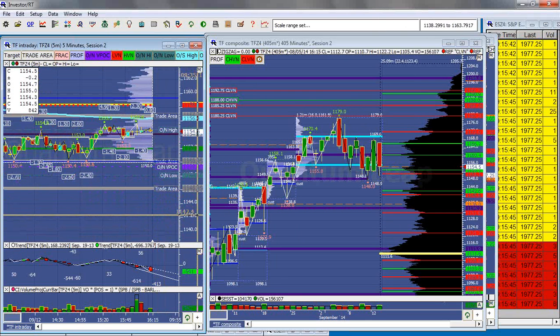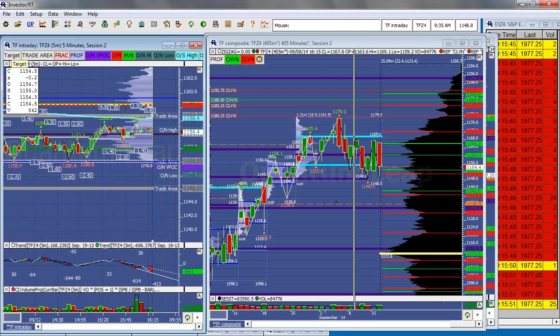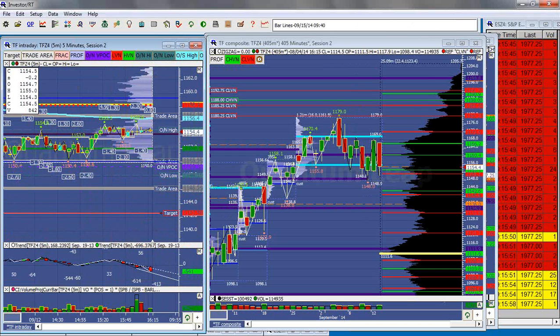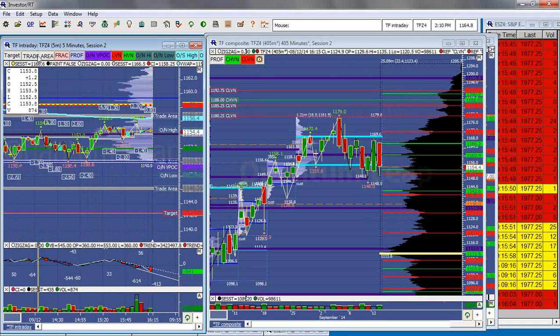Below 46, you've got the target, the CHVN at 42.60. And then the other side of balance and a key level is at 1140.60.